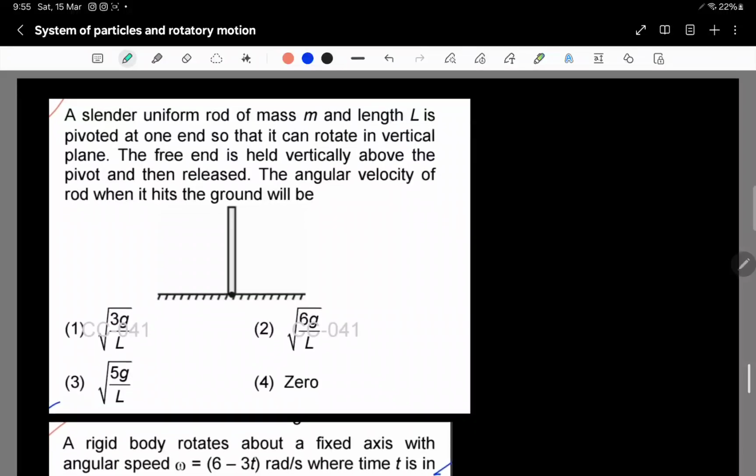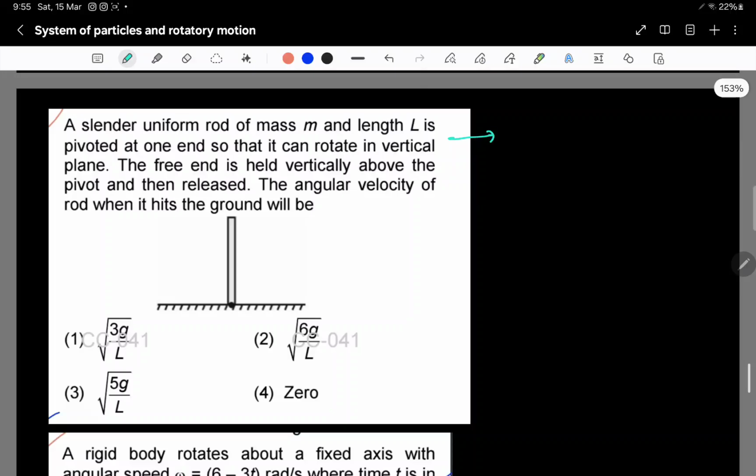Next, a uniform rod of mass m and length l is pivoted at one end so that it can rotate in a vertical plane. The free end is released from the vertical. When it is released, again a conservation of energy related question, students. Initially this rod has potential energy; when it is released, that potential energy is converted into rotational kinetic energy.